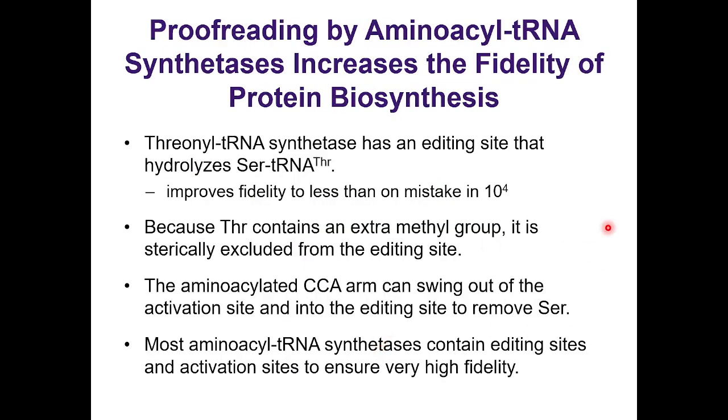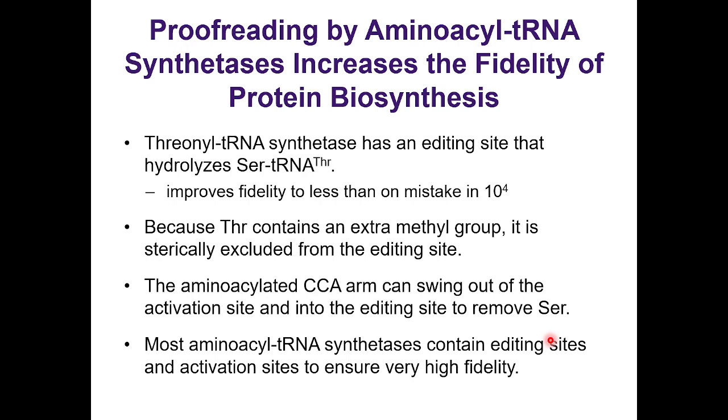Okay. So the aminoacylated CCA arm can swing out of the activation site. It can then enter the editing site to remove the serine. And so what happens when you're bound? What happens to all molecules all the time? They're constantly dissociating, reattaching, moving around, right? Diffusing. And so if you're bound to a serine, it's going to be able to move up into that editing site, right?